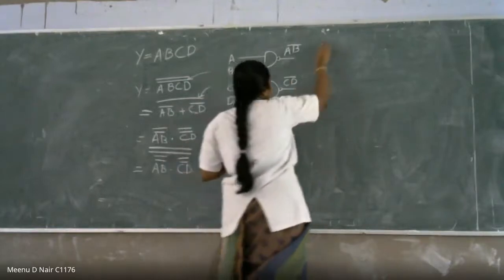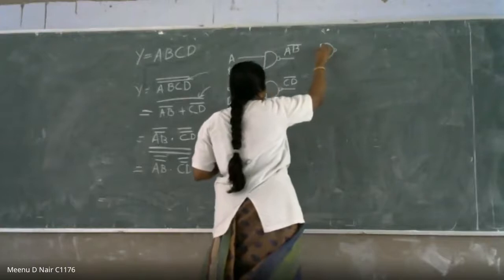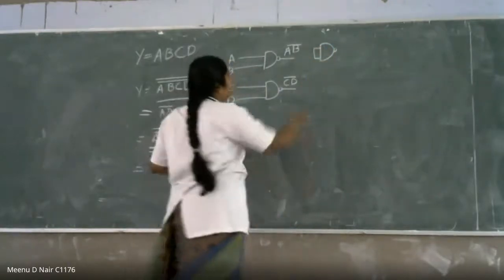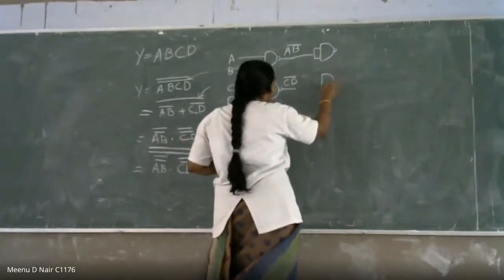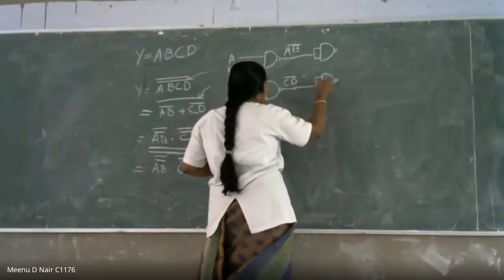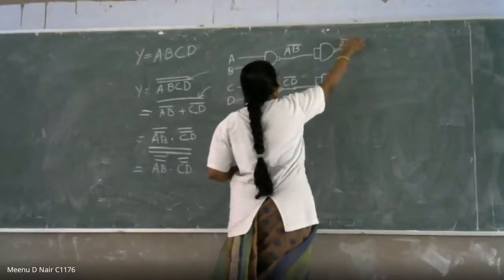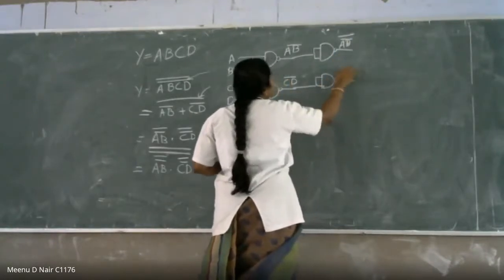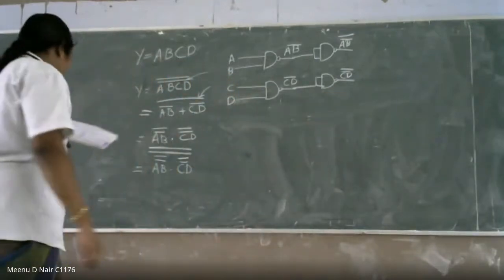Now you are again using one more NAND gate here, so both are getting the same input. Here also you are putting one NAND gate, so both are getting the same input. So the answer will be AB double bar, and here CD double bar.